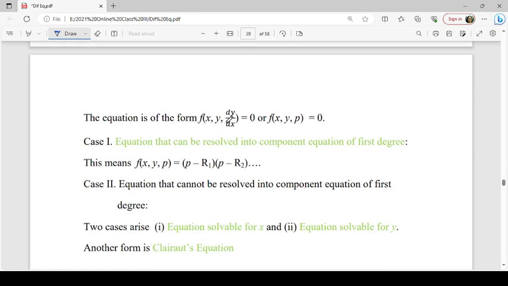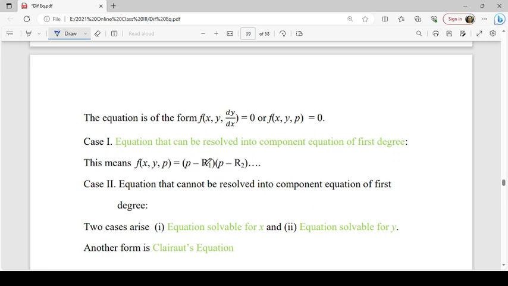So it is xy dy dx equals 0, or you can write xy p. Sometimes we can factorize this equation as p minus r1, p minus r2, etc., because it is of higher degree.